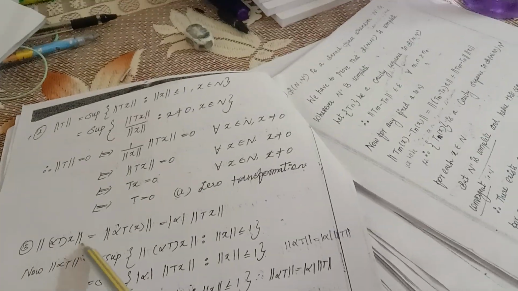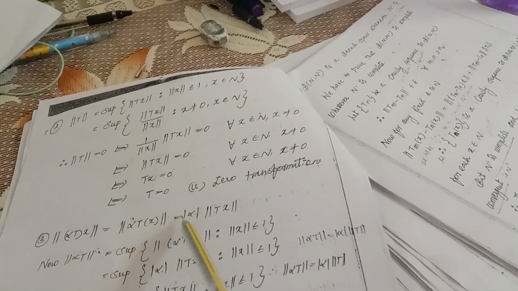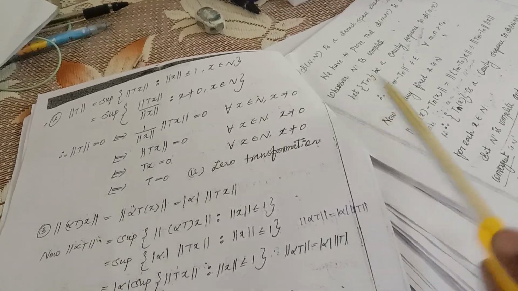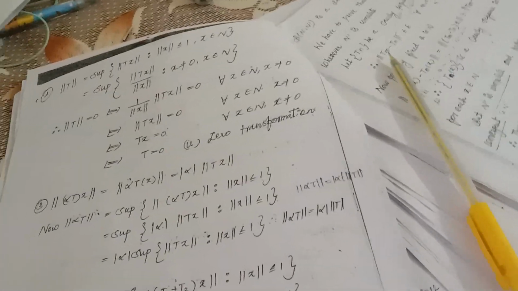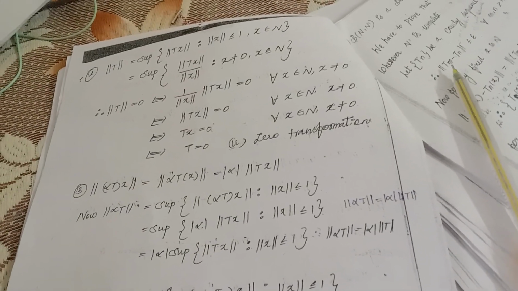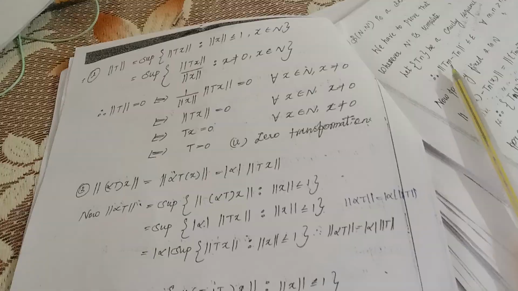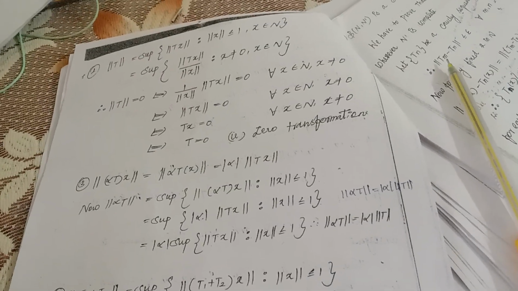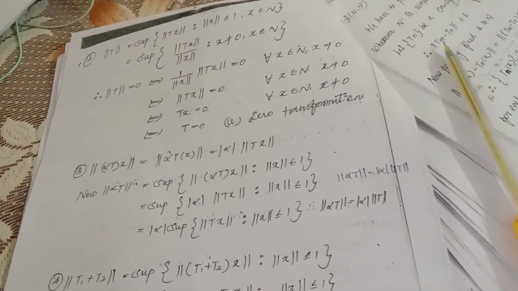Then norm of alpha T of x is modulus alpha into norm T of x. So norm of alpha T can be written as the supremum of norm of alpha T of x such that norm x is less than or equal to 1, that is the supremum of modulus alpha norm T of x.